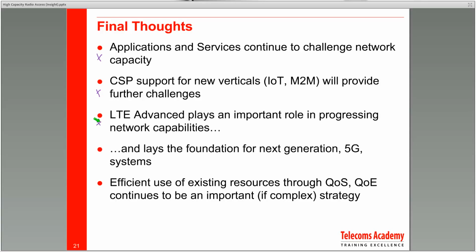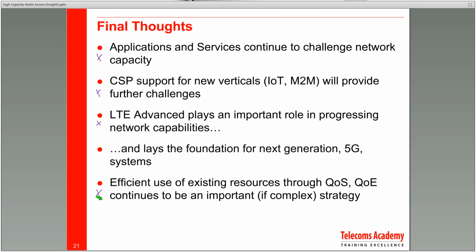And LTE Advanced, we saw, continues to play an important role in progressing not just the capacities of the radio access network, but the efficiencies that we can squeeze out of that. And it really lays the foundation for the next generation, for 5G systems. But I think maybe key to it all is a slightly high level view: step back and see what resources we have and how we can use those things more efficiently.